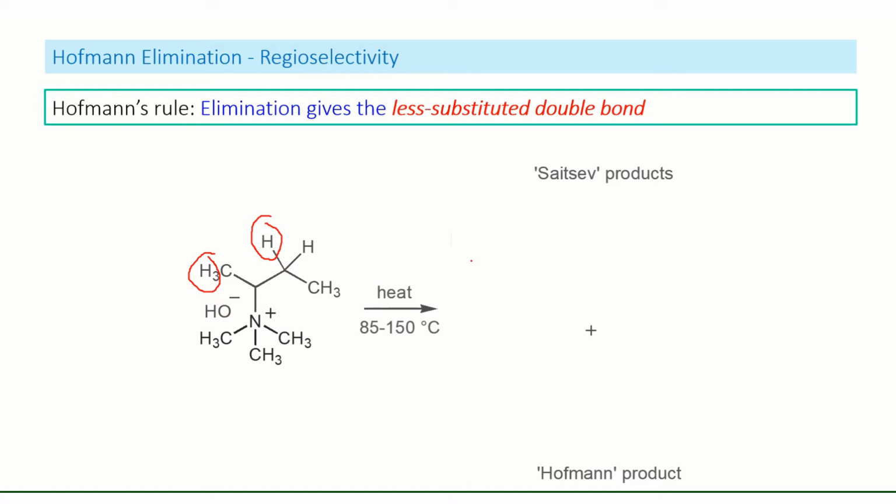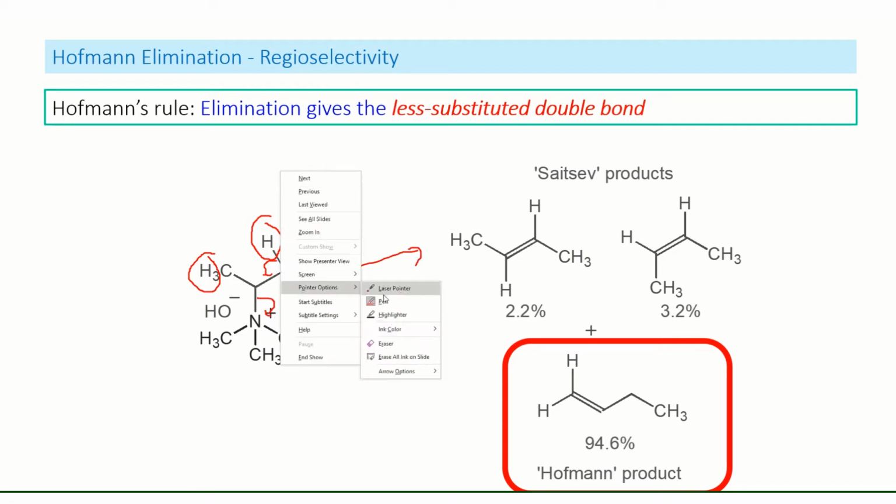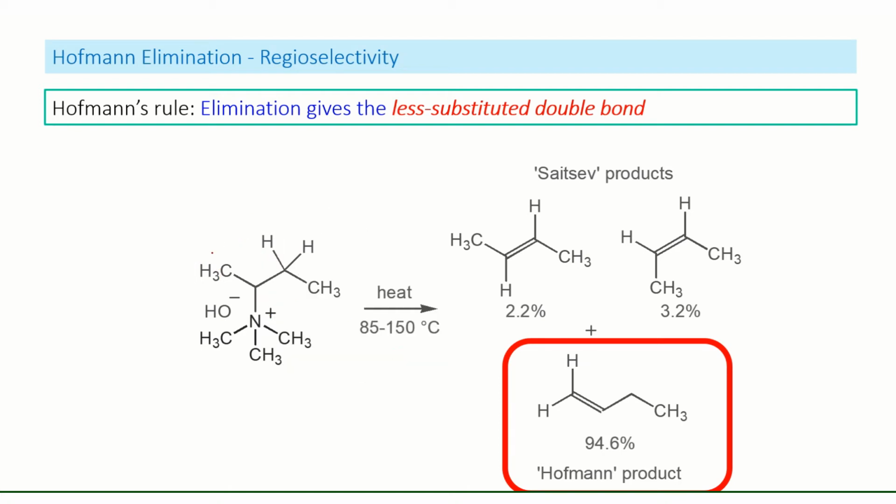So of course we can get the Zaitsev product and we can get the so-called Hoffmann product. The Hoffmann product is the one that dominates. So you can see here, elimination here. This is your leaving group. That gives you your Zaitsev. Elimination across here gives you your Hoffmann, i.e. the least substituted alkene.